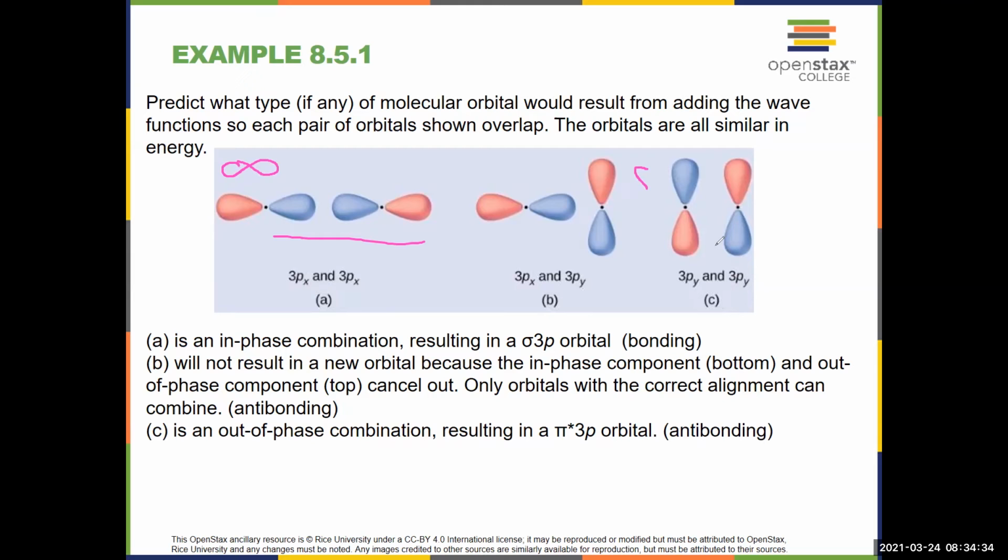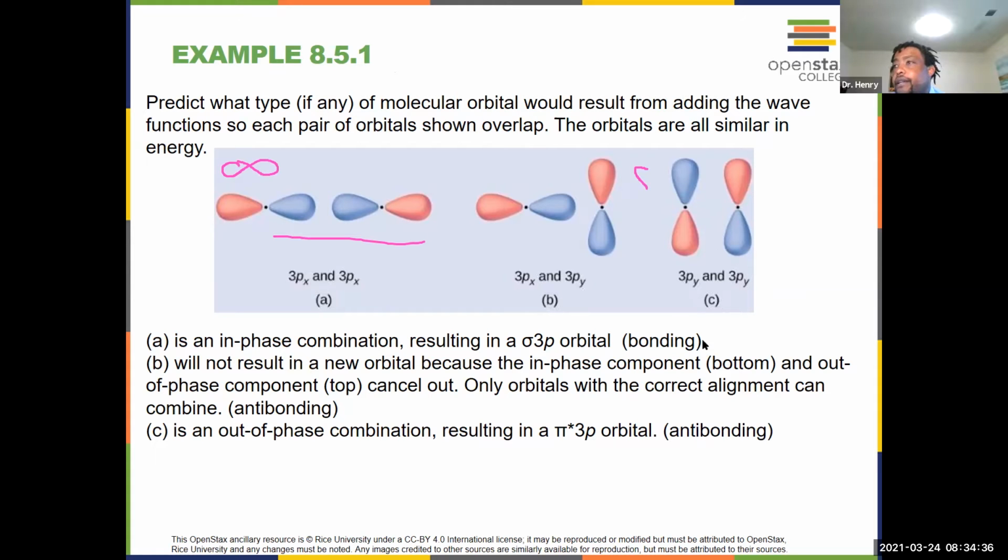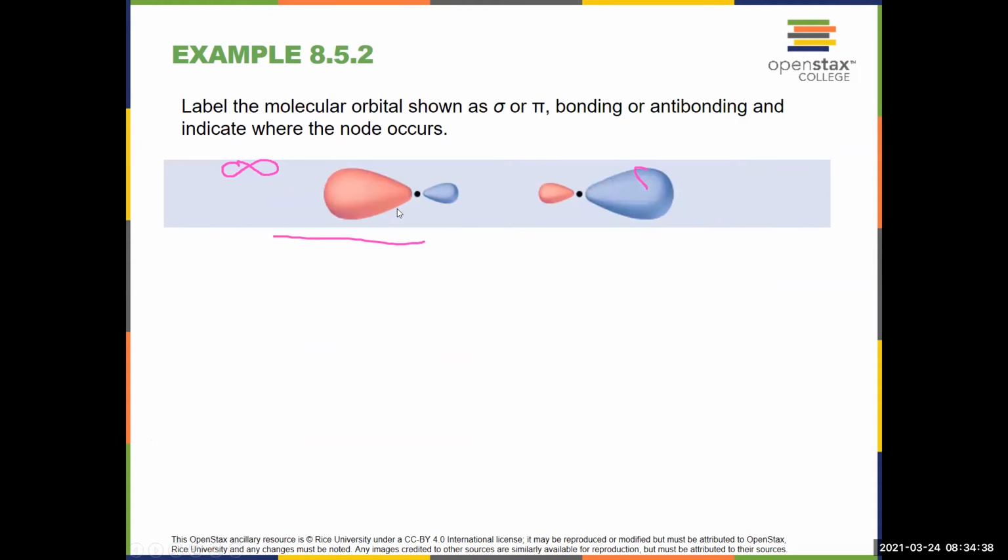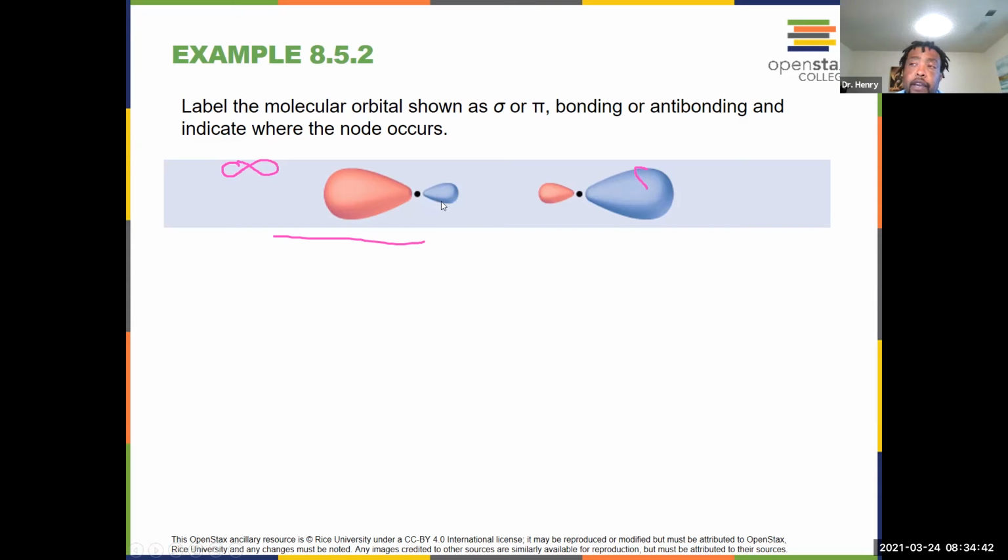Okay. Thank you. So if you look at the anti-bonding, look at the orientation. We have red, we have blue, we have red, we have blue. So any way that I put this, if I put this guy over here, they're never going to have the same colors that are able to come together, because here in the middle we have red and blue. They're opposite. They're not going to come together.